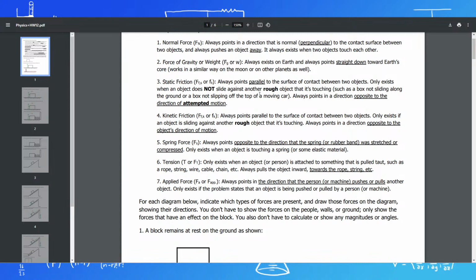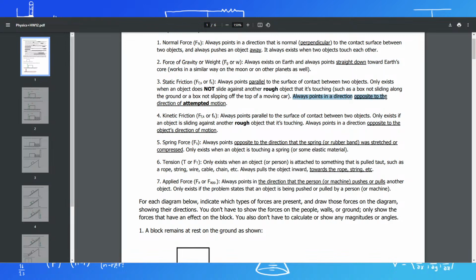Only exists when an object does not slide against another rough object that it is touching, such as a box not sliding along the ground or a box not slipping off the top of a moving car. We will talk about the importance of that later. I'm very particular about the wording there. It's not about motion, it's about relative motion. We'll get back to that whenever we have a stream more focused on the topic of friction.